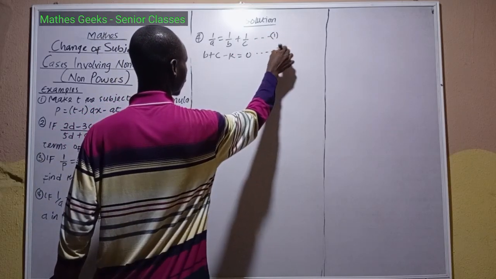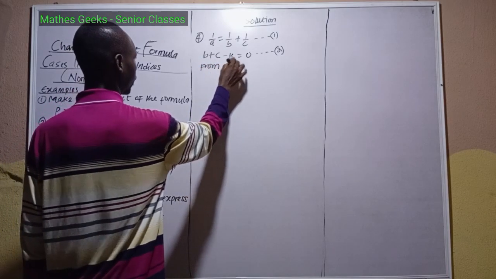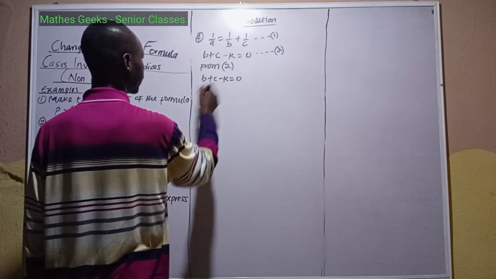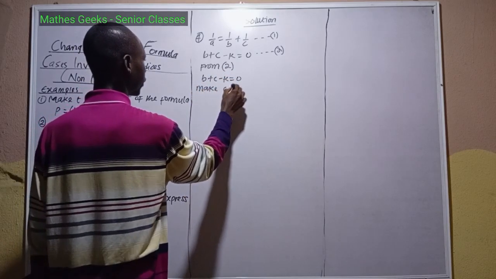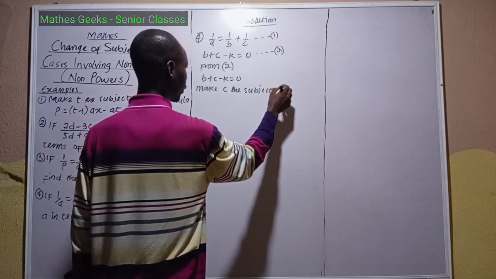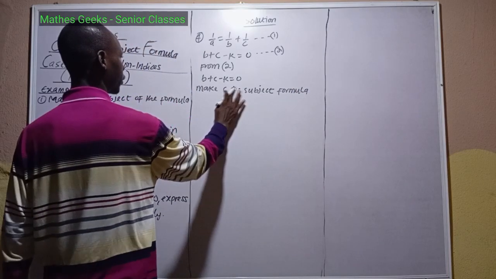Let's call this 2. So we say from equation 2, B plus C minus K is equal to 0. Make C the subject of the formula.